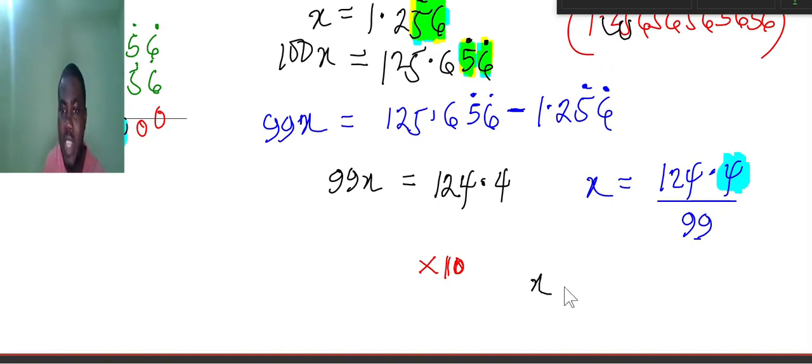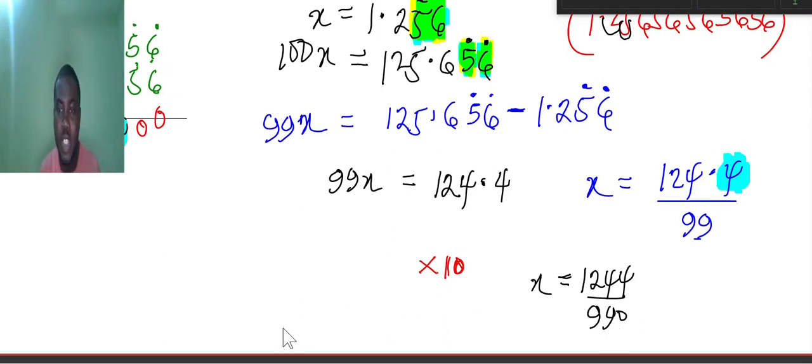So x will now be 124.4 times 10, that's 1244, divided by 99 times 10, 990. So this is the fraction, and we'll try to see if it can be reduced to the smallest fraction. Let's use our natural display calculator: 1244 divided by 990. The simplest fraction is 622 over 495.